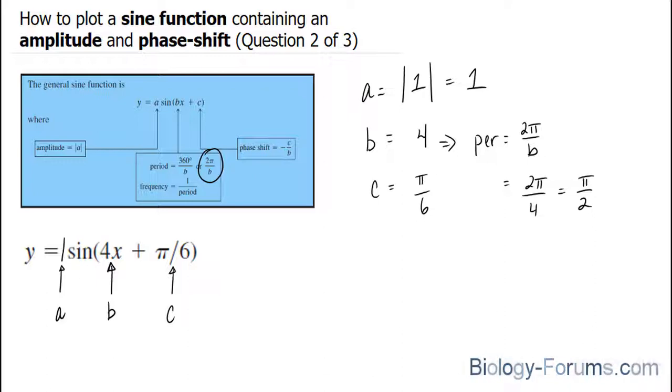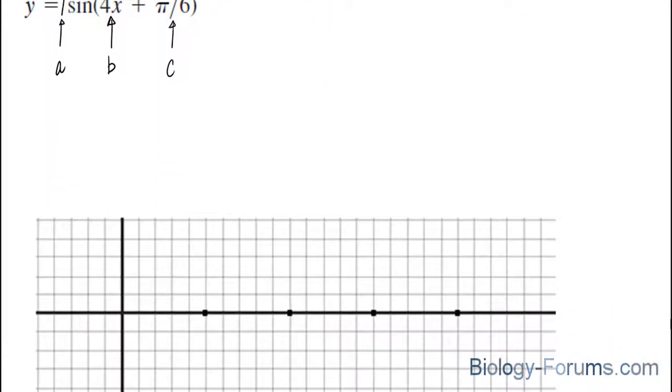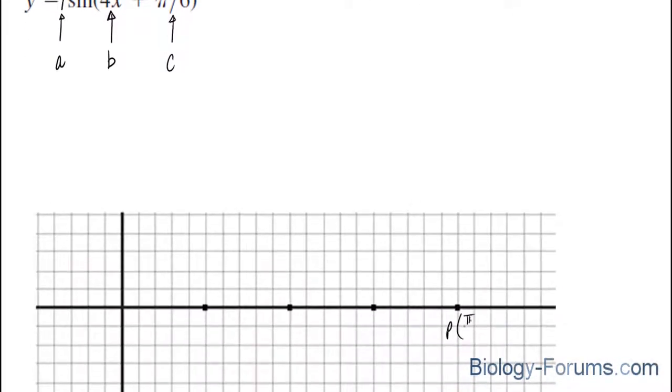The next thing you will have to do is you'll take your period and you will plot it some point away from the origin being right here. So let's refer to this point right here in this x and y plot as your period, and that will represent pi over 2. That is your period.